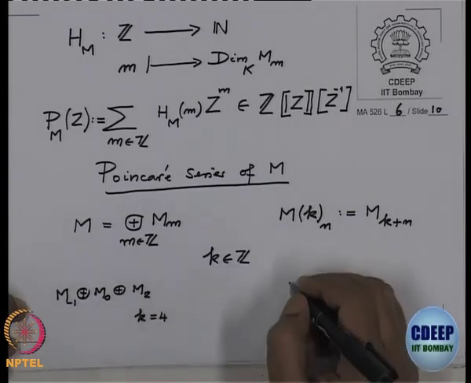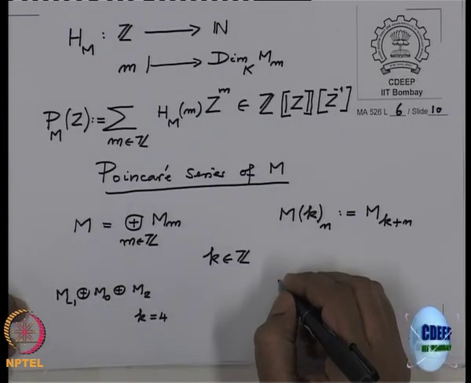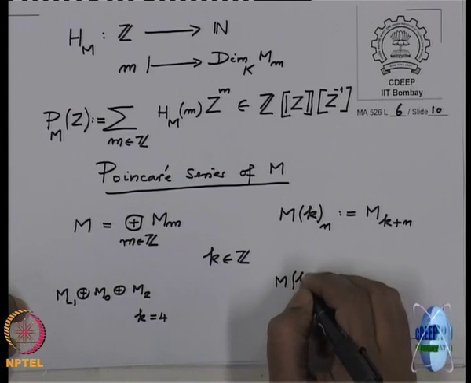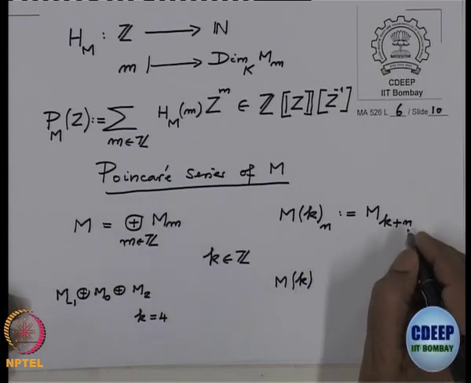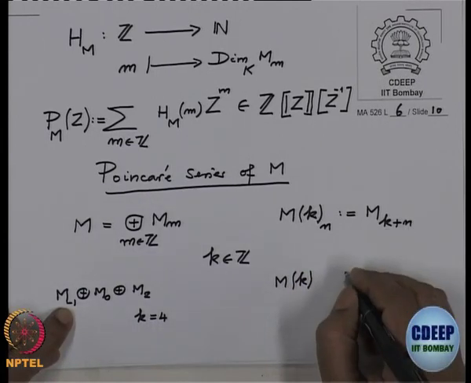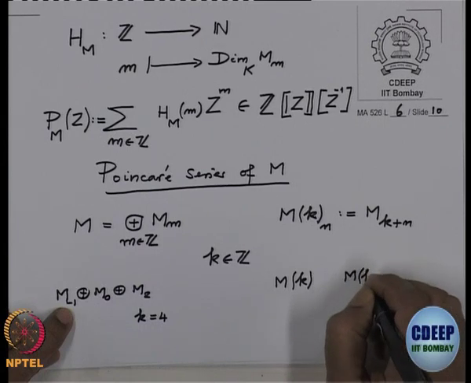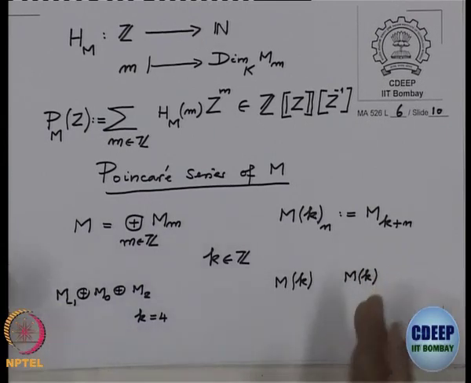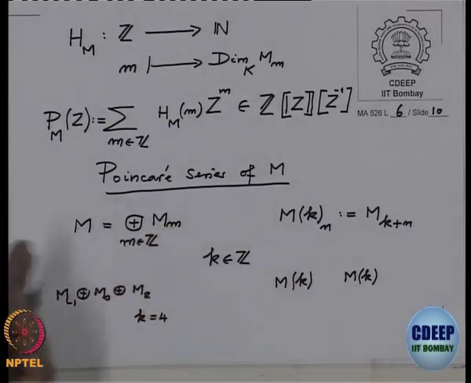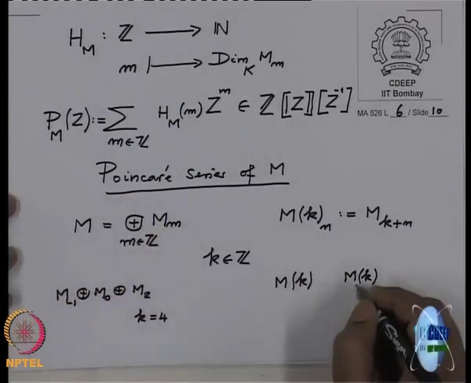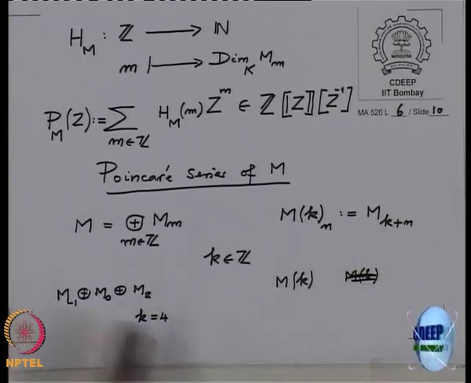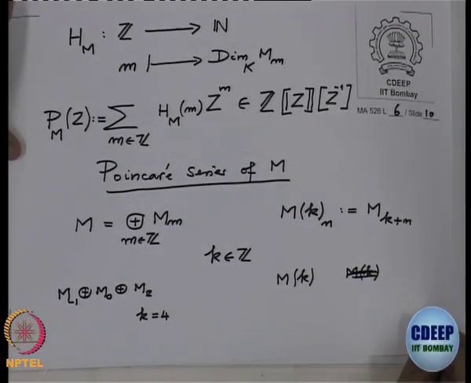So the new M(k) will be, with k plus n, this will become minus 3. Only the position is changing, right. You just shifted it, so it is unnecessary to think about it. It is just positioning.